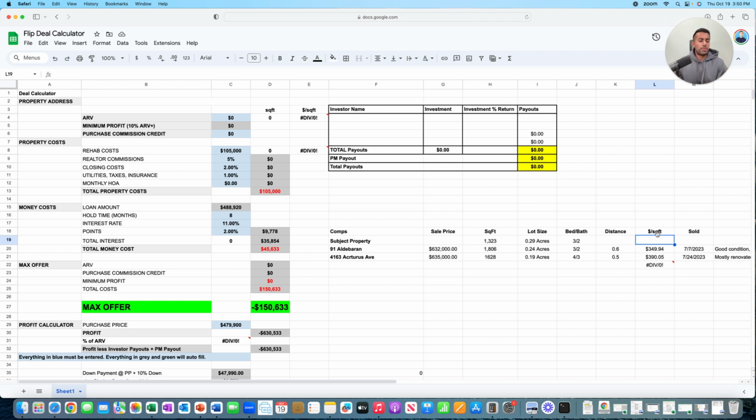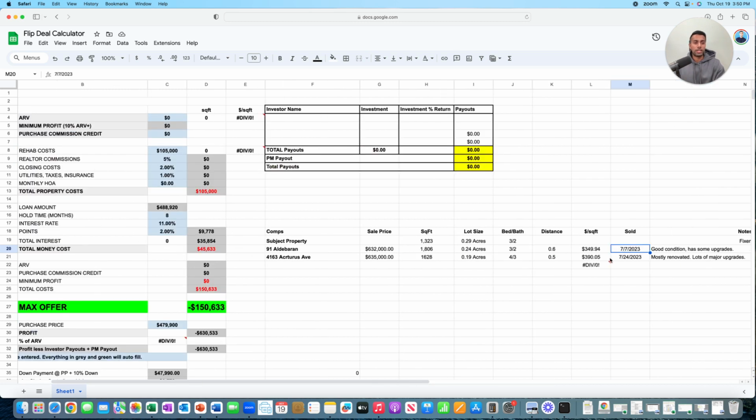And so if this thing were fully renovated, what would the price per square foot be? So this comp is in good condition, and it has some upgrades, but I would say that our comp is going to be much closer to this 390 price per square foot property, because this has major upgrades and it has a lot of the minor cosmetic upgrades done. In my opinion, the only thing that they didn't do was replace the cabinets and countertops for the kitchen. Everything else has been done per the pictures, right?